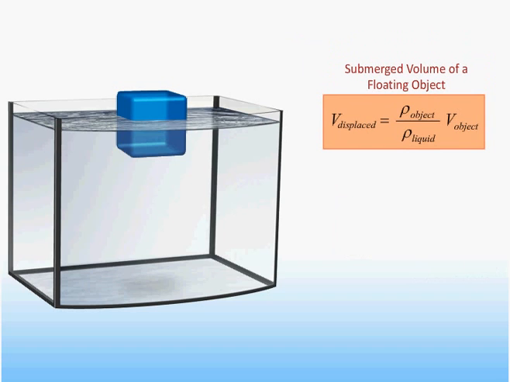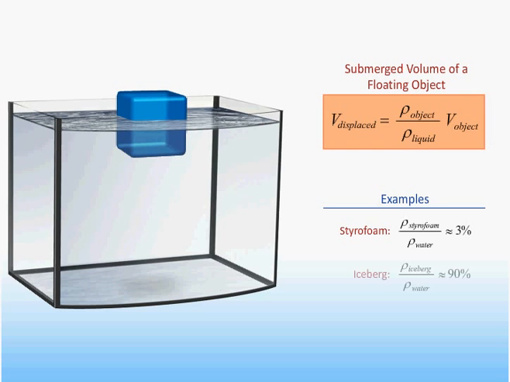The closer the density of the box is to the density of the liquid, the bigger the submerged fraction of the box. For example, a piece of styrofoam, which is much less dense than water, will float with very little of its volume submerged. On the other hand, an iceberg, which has a density that is about 90% that of water, will have about 90% of its volume submerged as it floats.